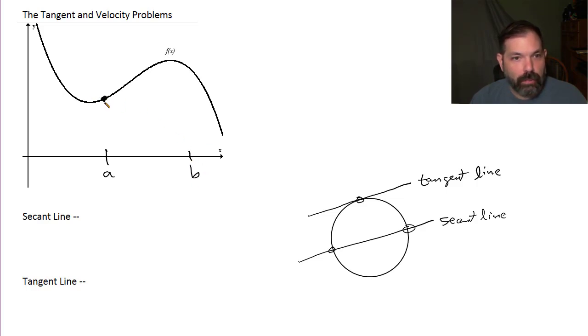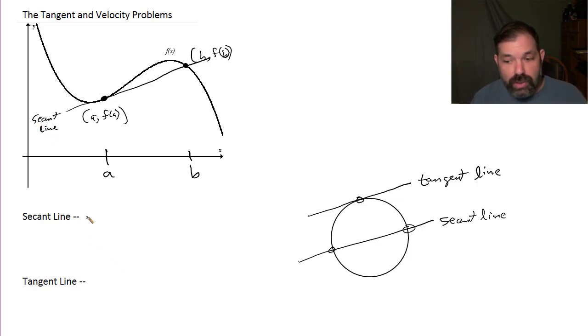Then I have some point here on the curve, which is a comma f of a, and then some point b, f of b on the curve. Then I can draw the line through those points, and this would be a secant line. A secant line is a line through 2 points on a curve.